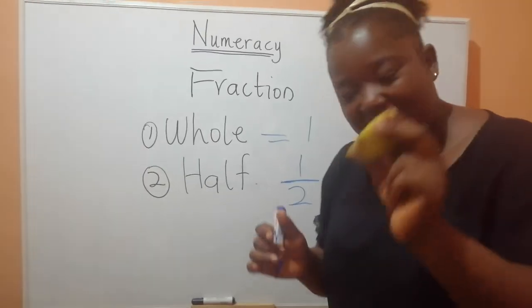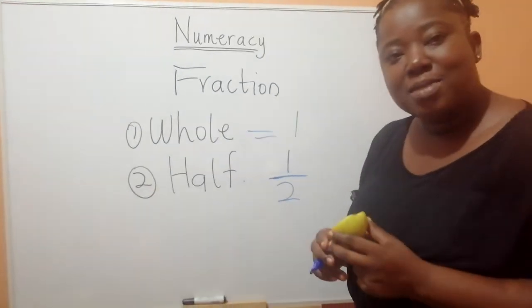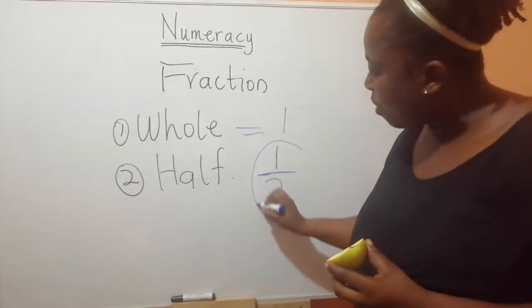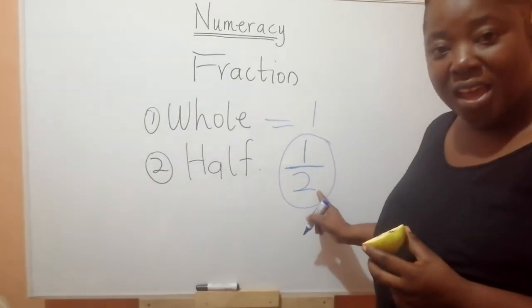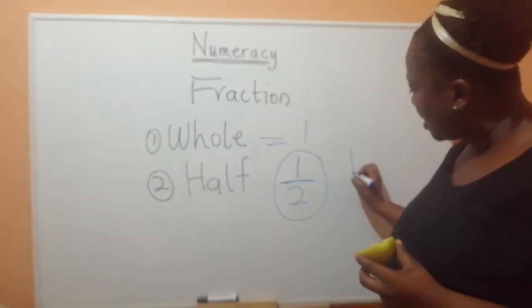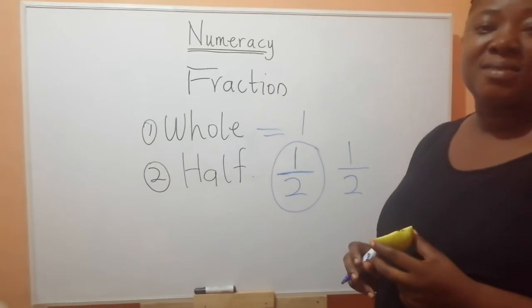Only 1. Now that's what Miss J wrote here. And that means Miss J took half. Now this is how we represent half. Okay? We represent half with 1 divided by 2.